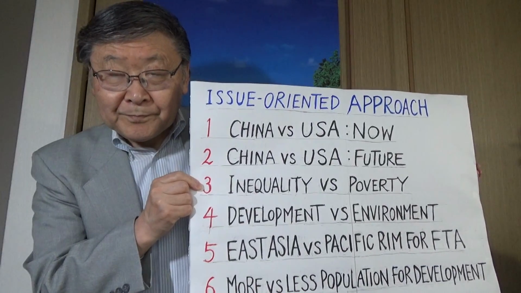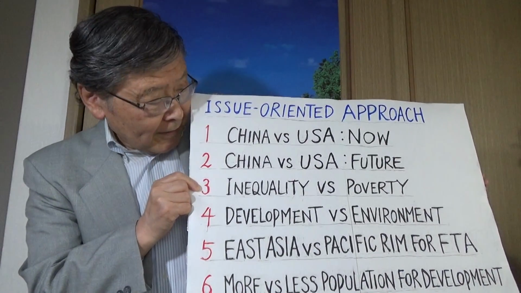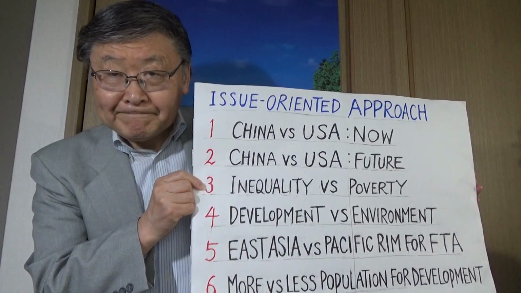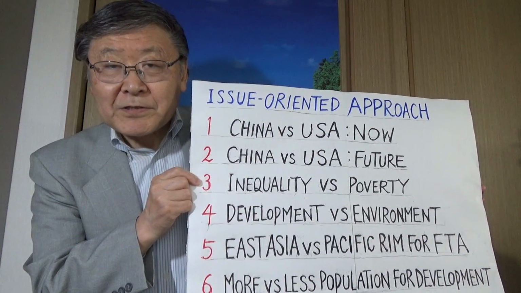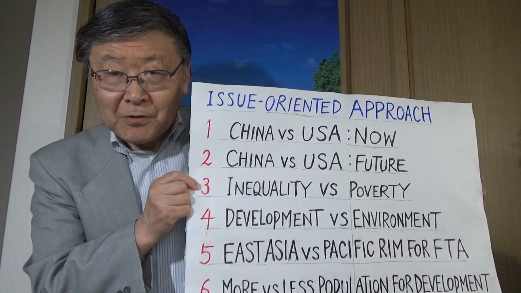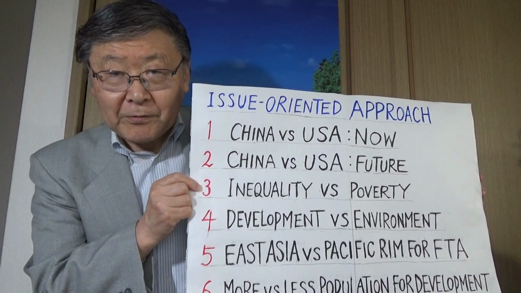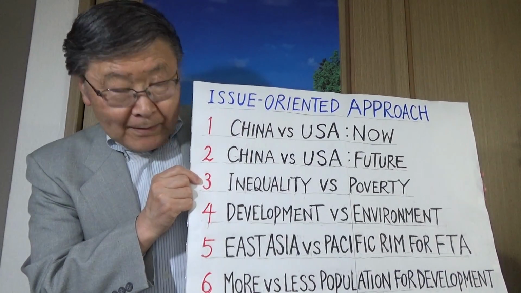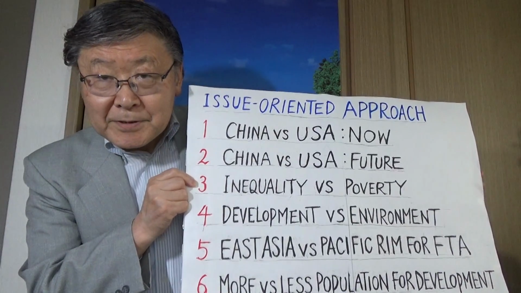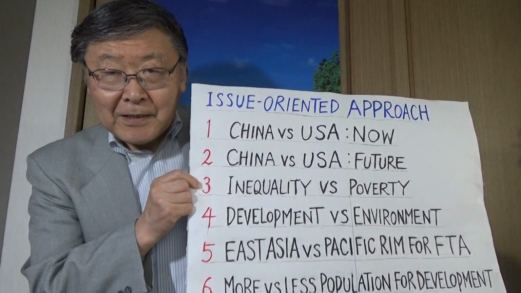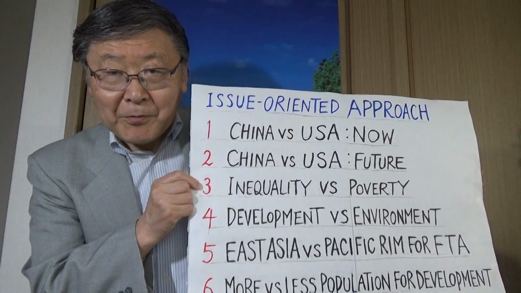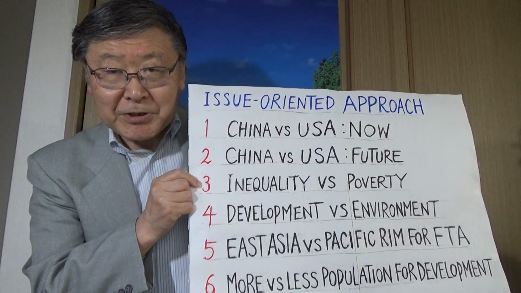Third issue is inequality versus poverty. Inequality will focus on the rich-poor gap, or rich-poor inequality or disparity, whereas the poverty per se is to focus on the extreme poverty, which is threatening so many people around the world, especially in Asia.